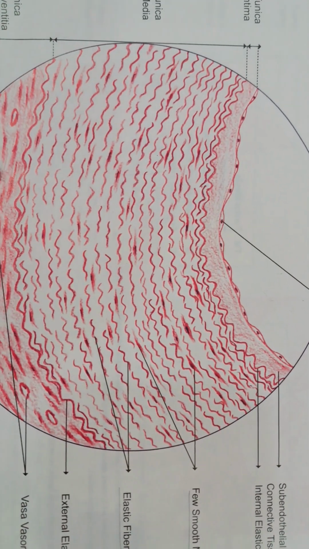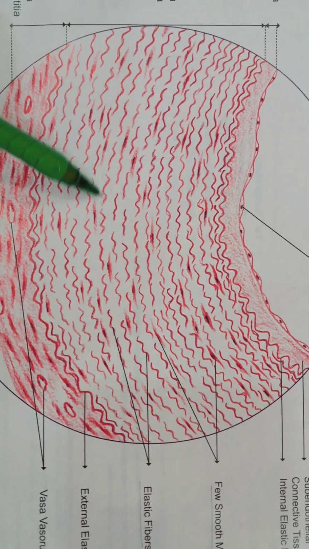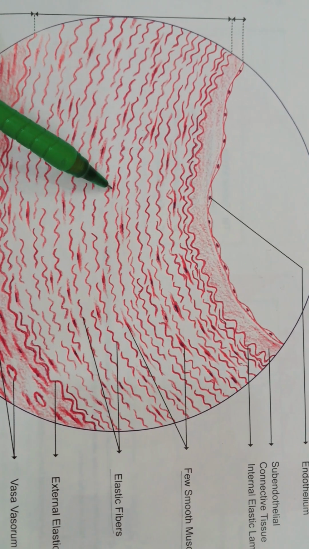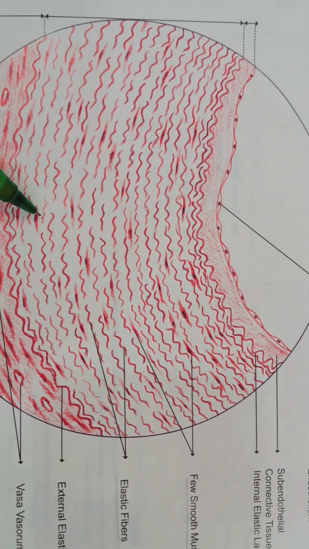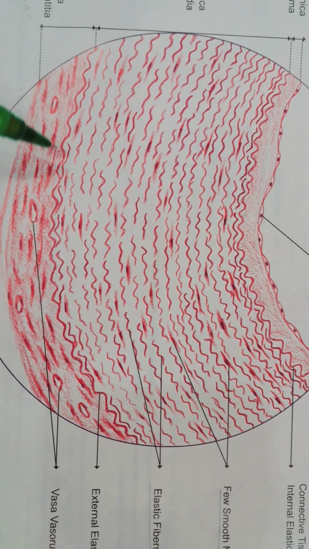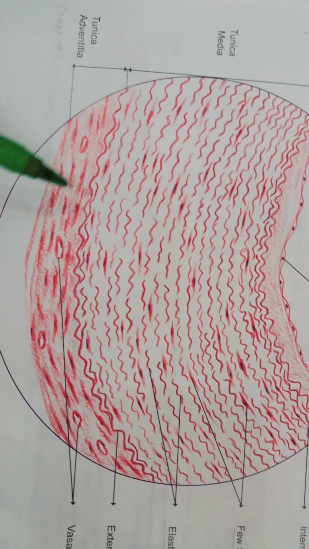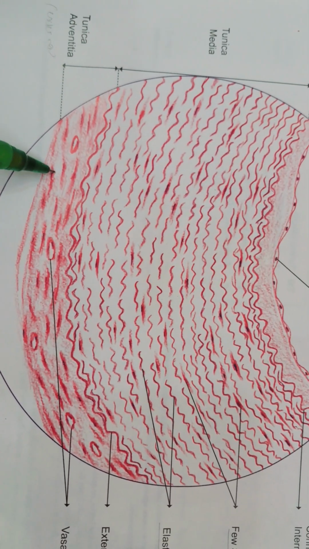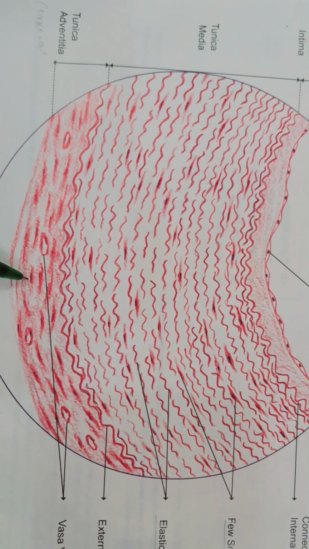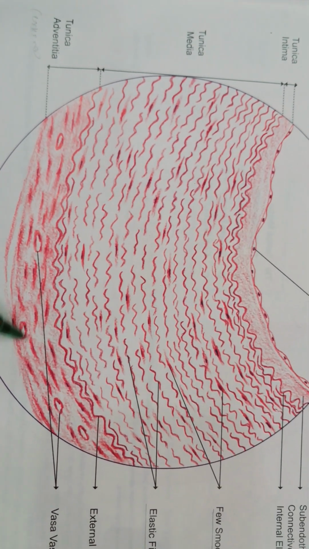In tunica media we need to draw so many elastic fibers and very few smooth muscle fibers, and we need to draw external elastic lamina. This completes tunica media, and in tunica adventitia we need to draw connective tissue and the vasa vasorum in between. This is the large artery or elastic artery.